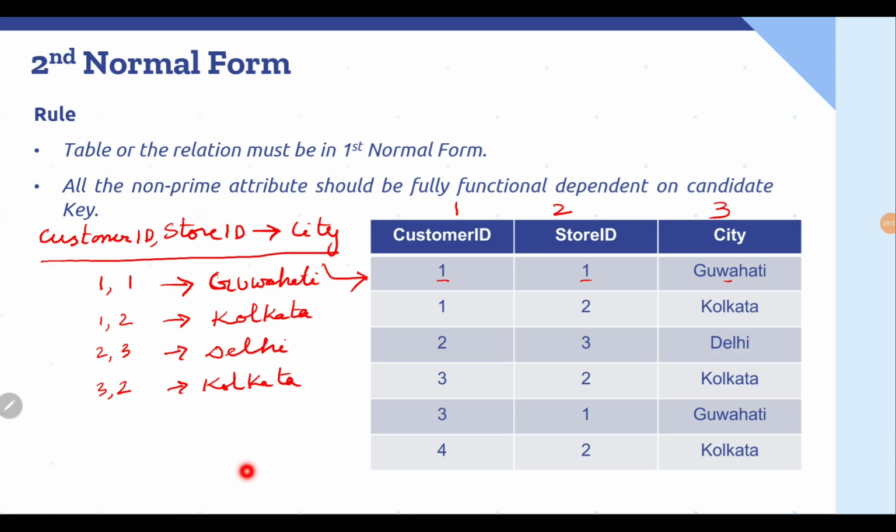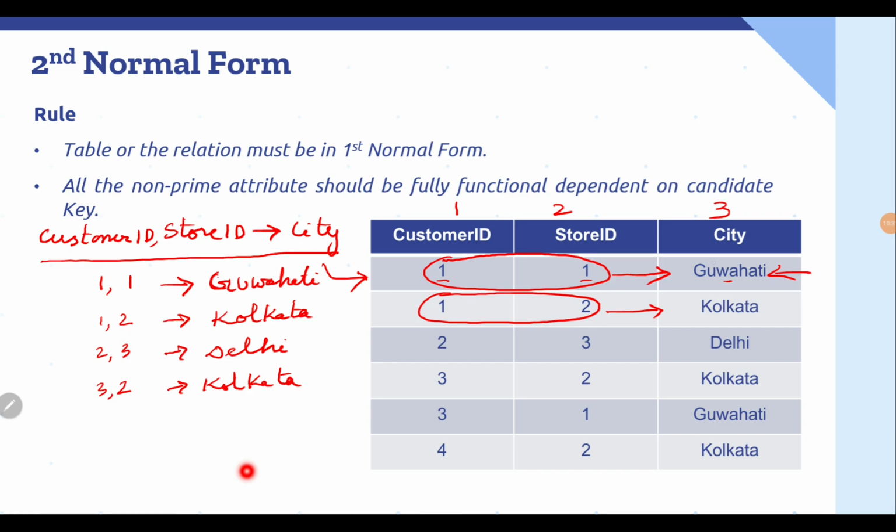Whether the combination is determining Guwahati completely or not, and whether it is determining Kolkata properly or not. But from here we can identify that it is not always the customer ID that is making the difference.